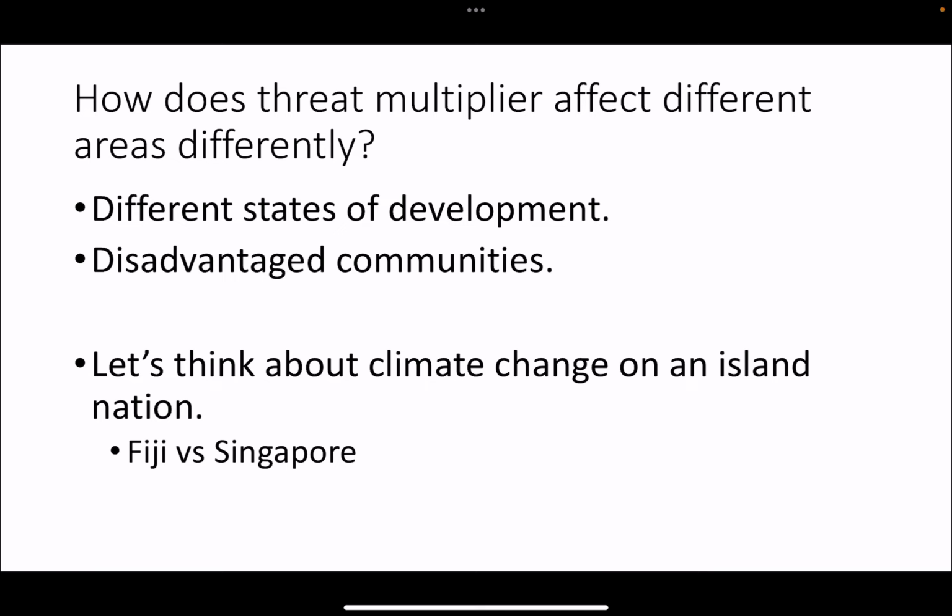When we think about climate change, go back to the video that you should have watched, which we mentioned earlier, on the Fijian Islands. What can Singapore do that Fiji cannot? What are the resources that the Singapore government and the Singapore population are privileged enough to experience that the Fijians don't? And as a result, what is the implication on them? So this is important.